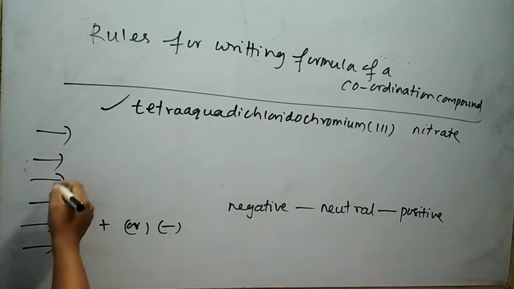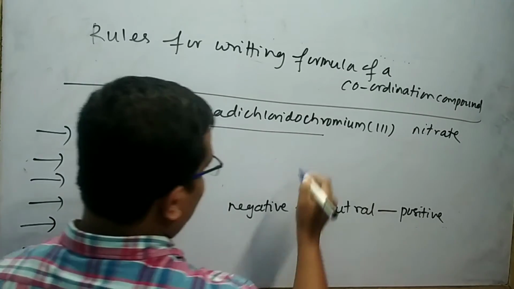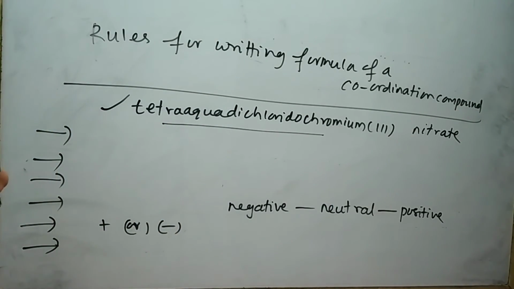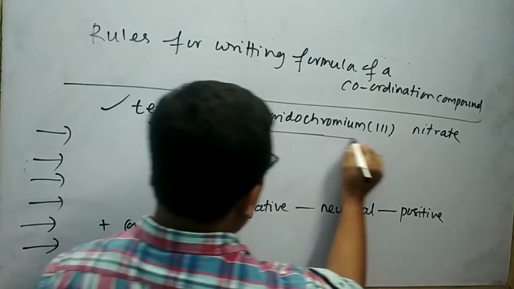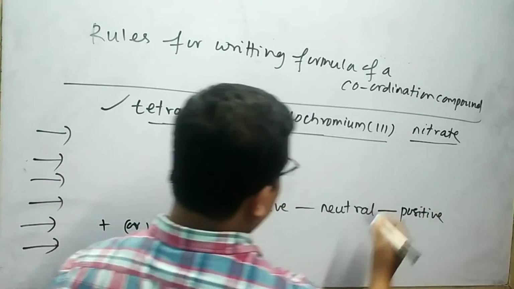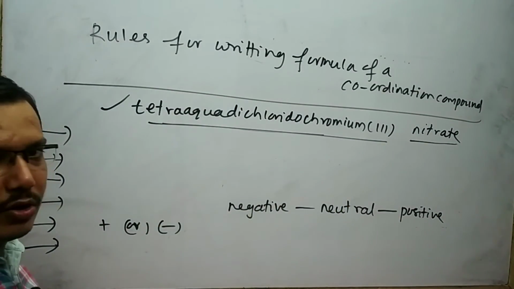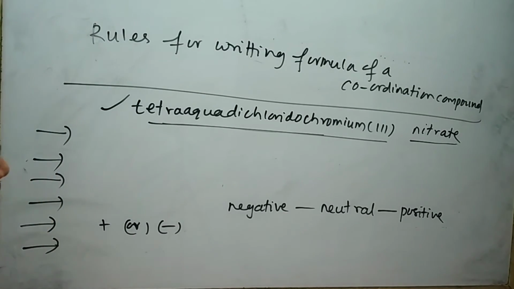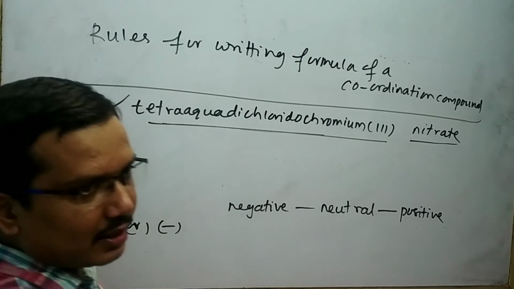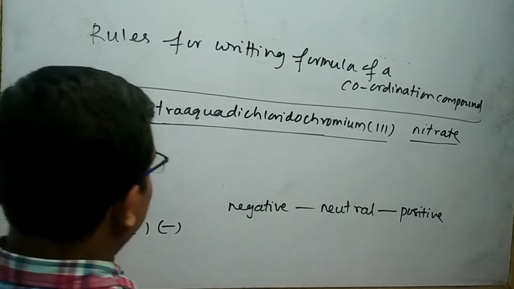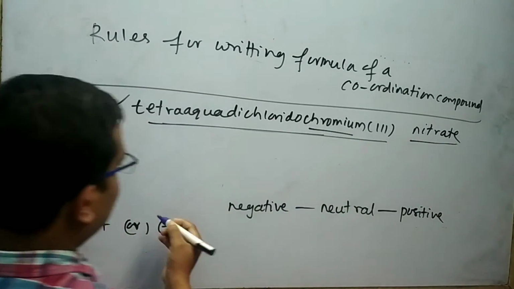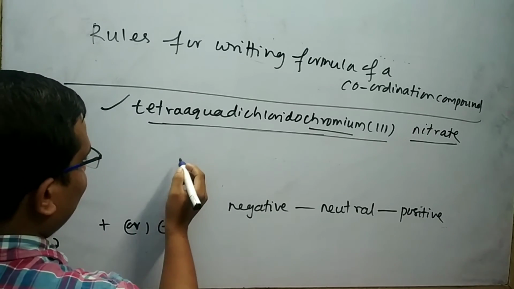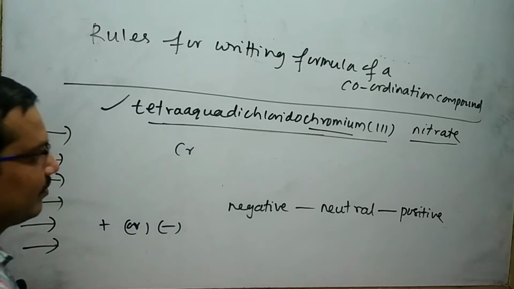Now I will apply the rules to write the formula of this coordination compound. Here the positive part is this, and here the negative part is this. The positive part is the complex ion part. In the complex ion part, the metal is written first, then the ligands. Here the metal is chromium, so it is very important to write chromium first.